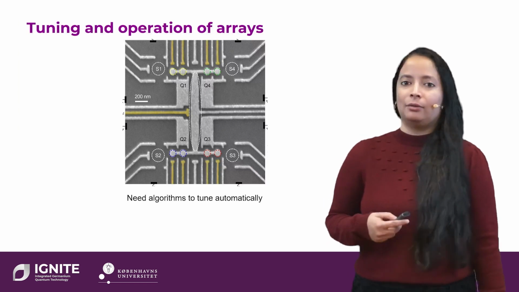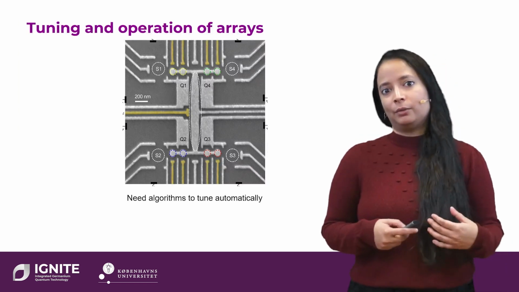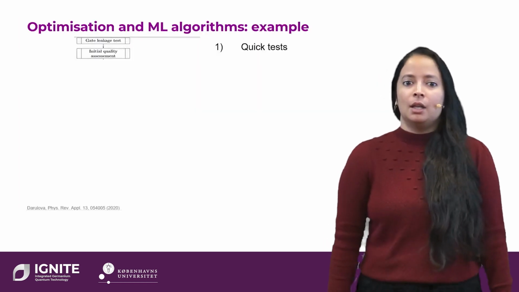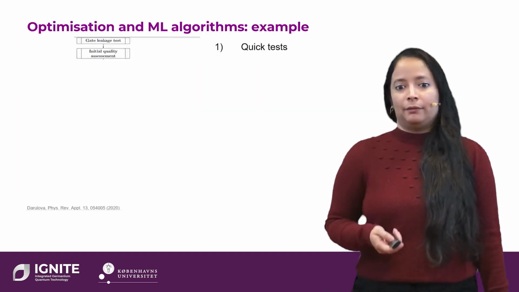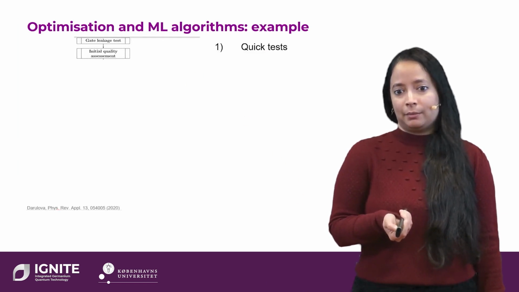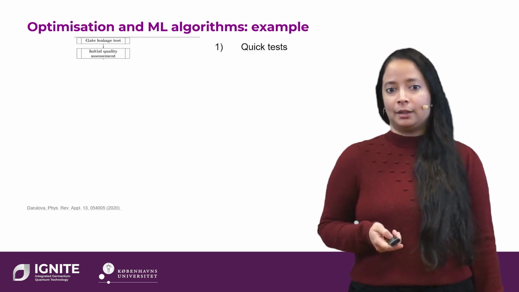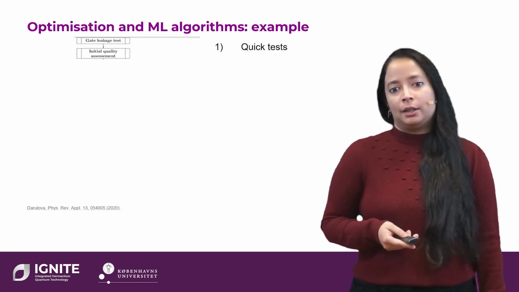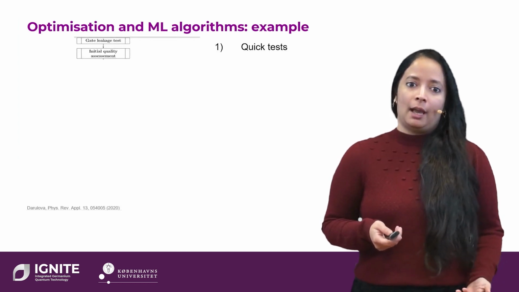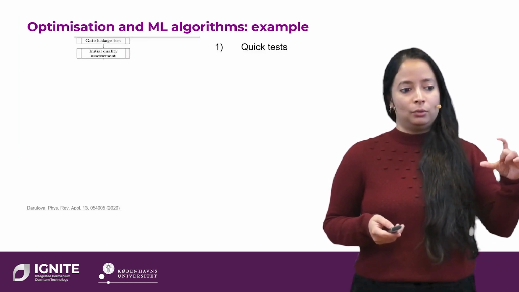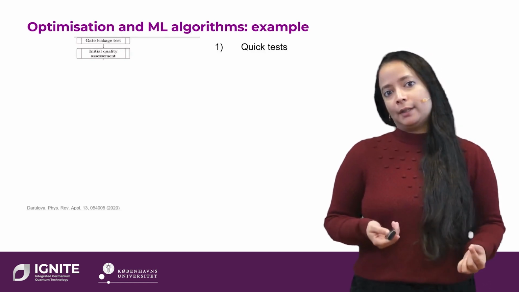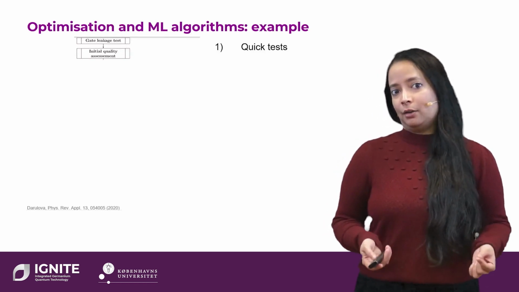Now let's see what those algorithms might look like and what we can rely on and what parts we can automate. So one example from Iana Darulova that's been published in PhysRev Applied recently used a method which goes in a kind of flowchart and tries to do successive levels of vetting of the device to figure out if the device will indeed make a good qubit at all.